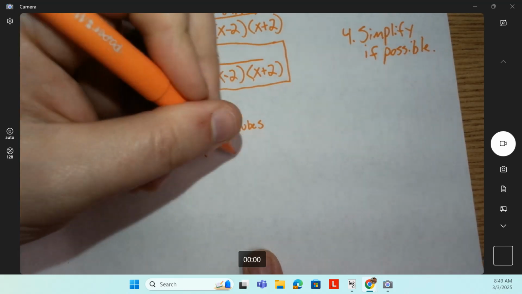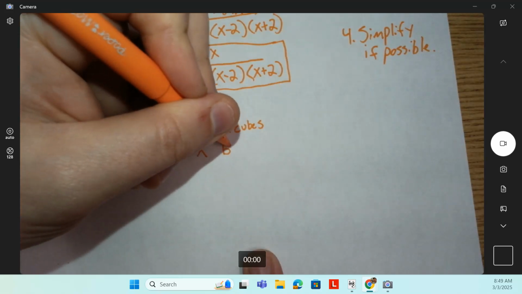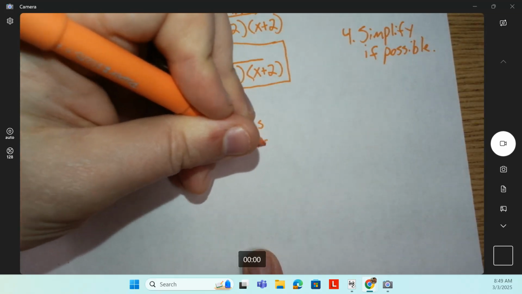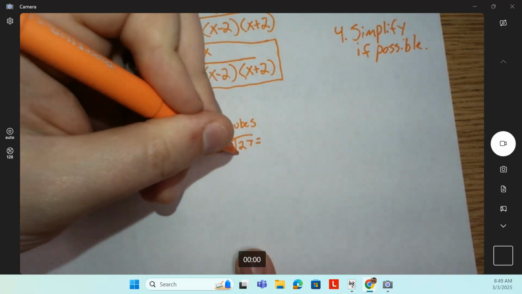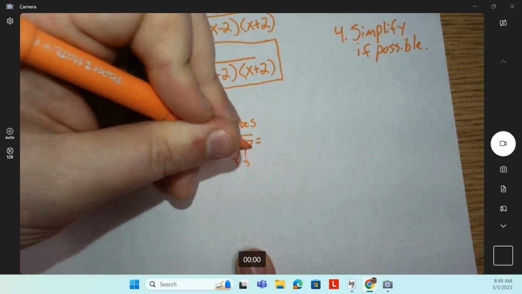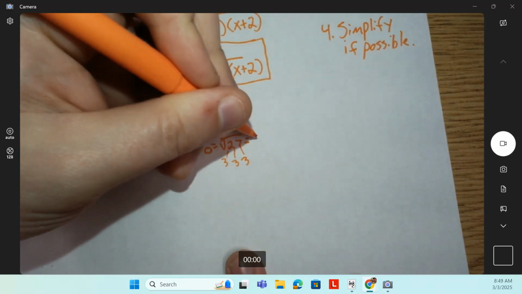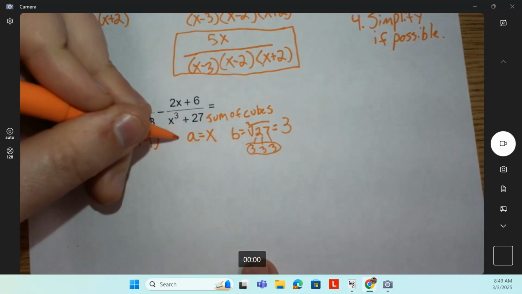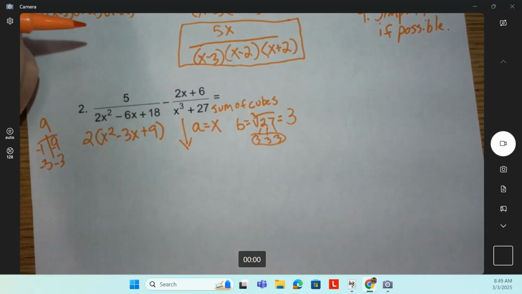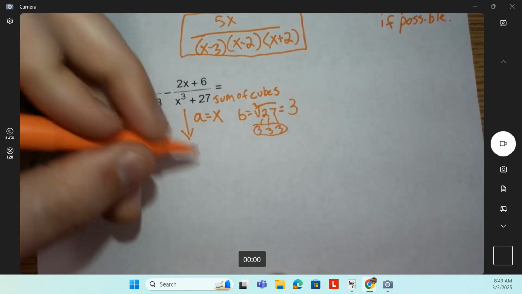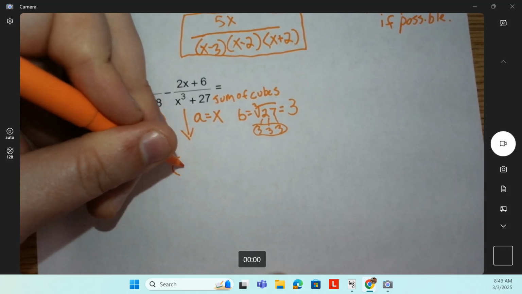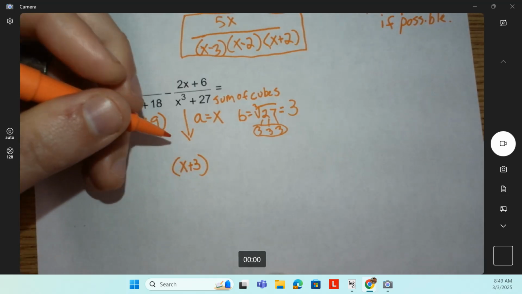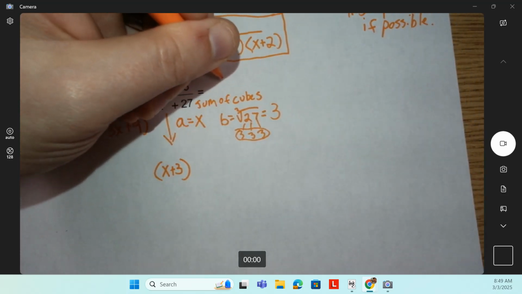Then b is going to be the cube root of 27, which splits up into 3 times 3 times 3, so the cube root of 27 is just 3. For my sum of cubes, it's a plus b, so x plus 3. And then remember, they have the acronym SOAP.